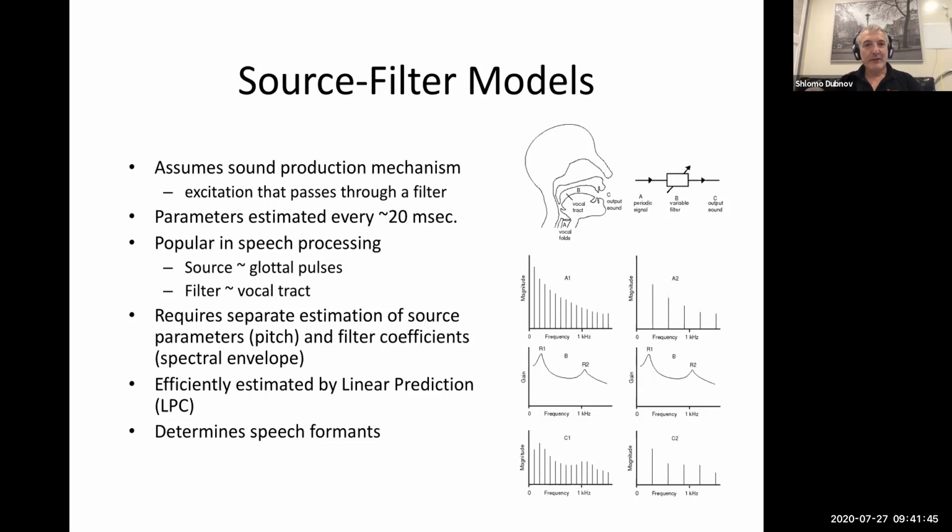Specifically going back to the questions: source filter models, I hope everybody understands that motivation. The new models are much more detailed, but the basics of signal processing were an opportunity to describe this.